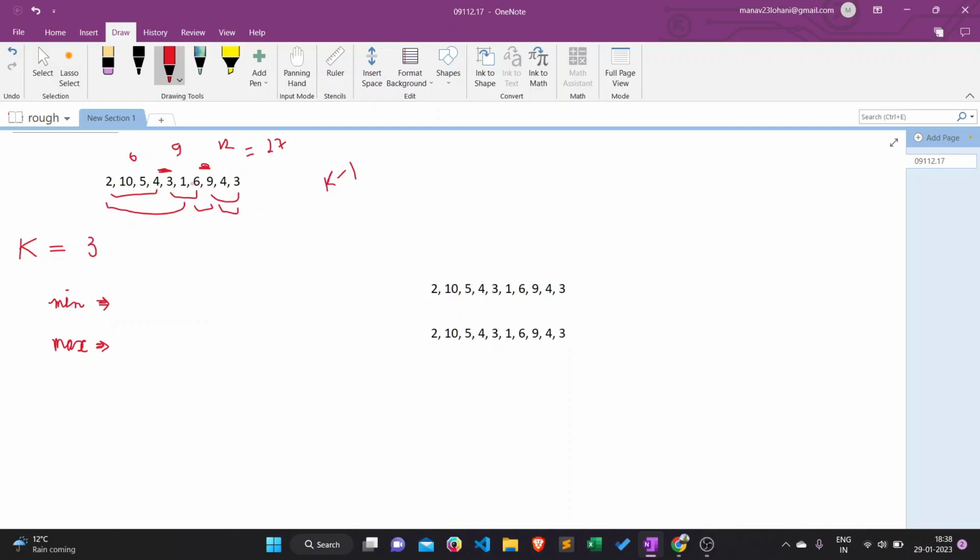So you minimize the sum from the first subarray part, but the contribution of the second subarray will be much bigger, so you have to consider both elements, the transition thing. You can understand it like this: one subarray, then two subarray, then three subarray.